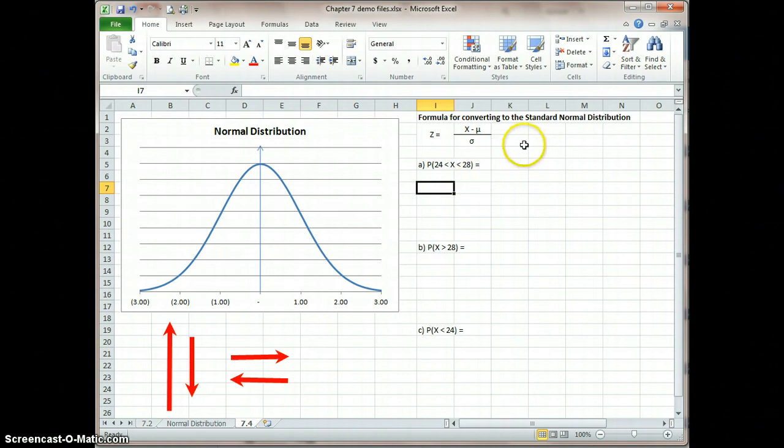First we calculate a z for the 24. z equals (24 minus 26), which is the average, divided by 2.5, which is the standard deviation, and that's equal to minus 0.8.